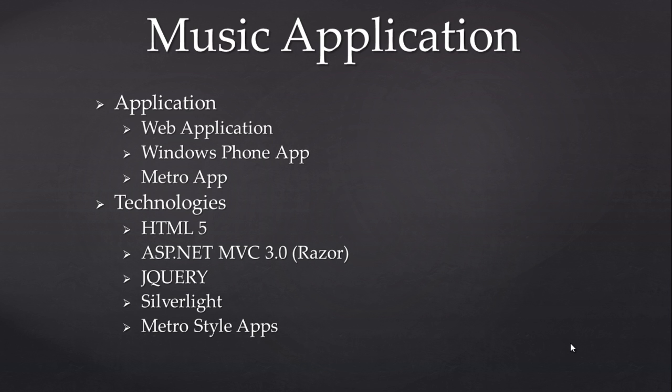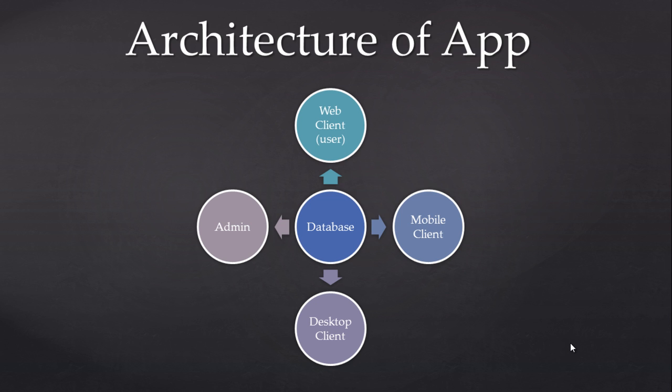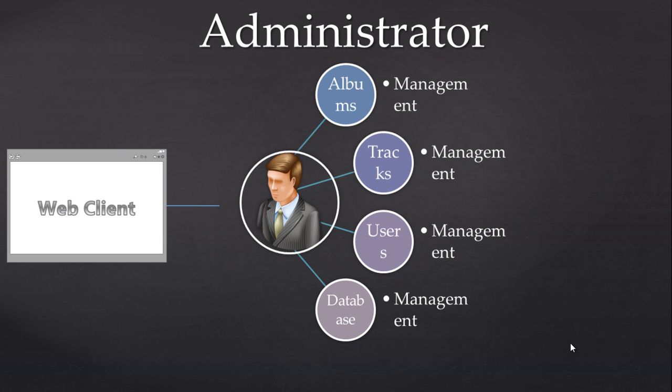Basically, this application architecture has three or four different applications. One is the administrator, another is the web client, which you can use from the web, and the mobile client and desktop client. Desktop client is nothing but a metro style application. What can the administrator do? He manages all the things: all bands, tracks, users, database, whatever it is.